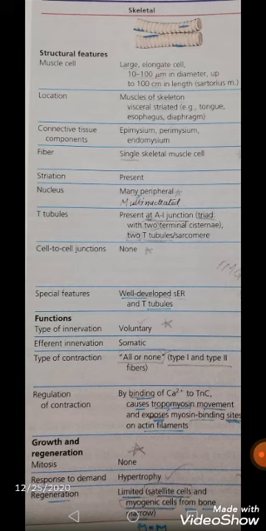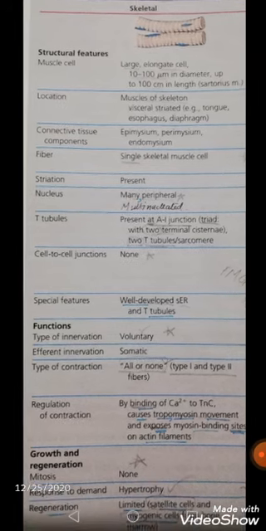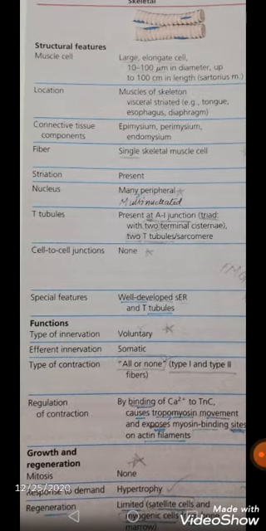You can mention the length of the cell along with its diameter as well, and then the location. You can mention all the muscles present. They also form part of your organs like the tongue, the diaphragm and the esophagus, and the extraocular muscle, in addition to your muscles of locomotion.